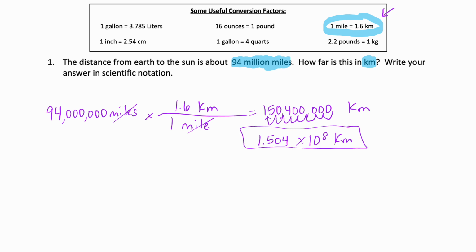And then I know on the board I also showed it when you put 94 million right into scientific notation from the beginning. I'm going to show you that way just in case you'd rather do the math that way. So we can also start with 9.4 times 10 to the 7th miles and do the same conversion factor.